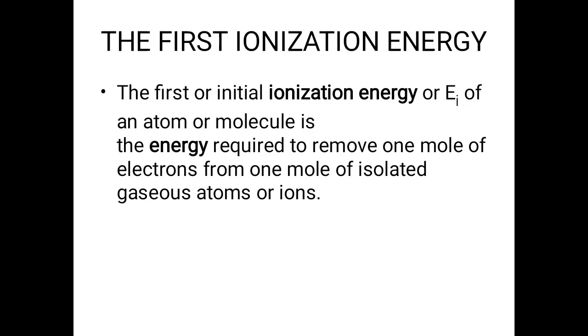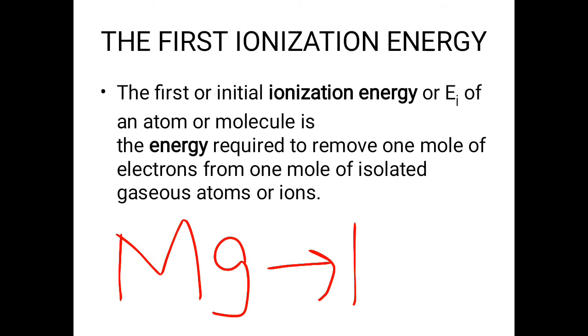Now what about first ionization energy? The first or initial ionization energy of an atom or a molecule is the energy to remove 1 electron from a gaseous atom. Suppose a magnesium atom has 2 electrons in its outermost shell. On providing energy it will make its cation, a positive ion.